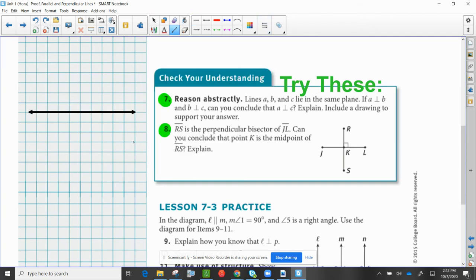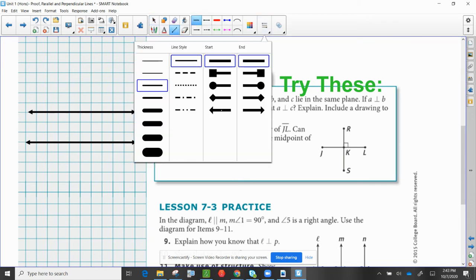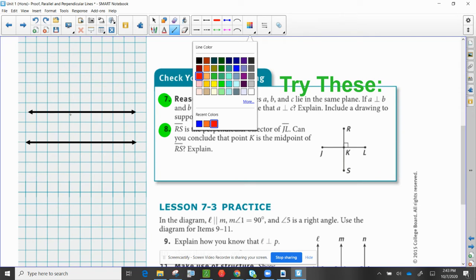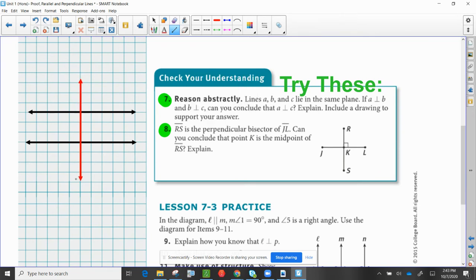So let's see. Looks like we have some lines here, and we have a line that is perpendicular. Okay, so here's what they told us.